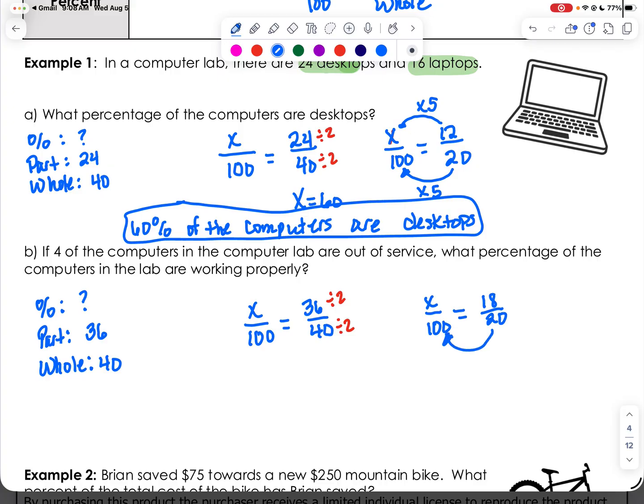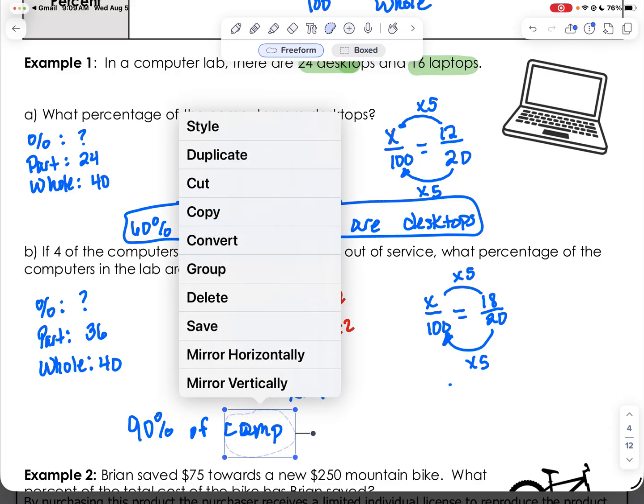Then I could see that 20 times 5 was my scale factor. So I'll multiply 18 times 5, and 18 times 5 is 90. So 90% of the computers are working properly.